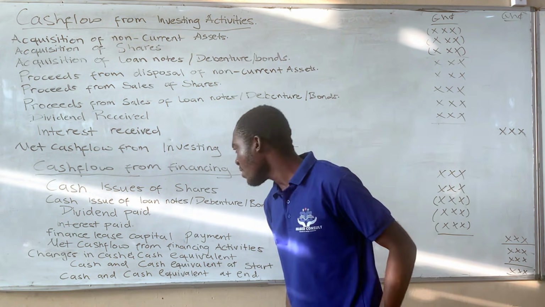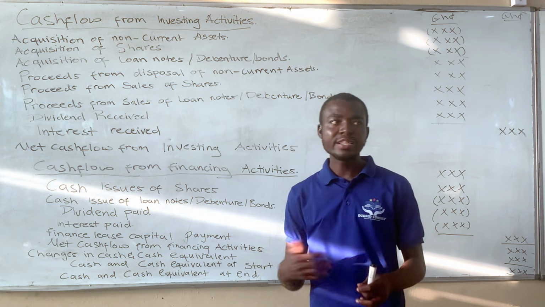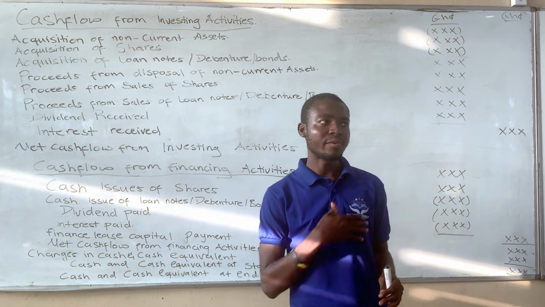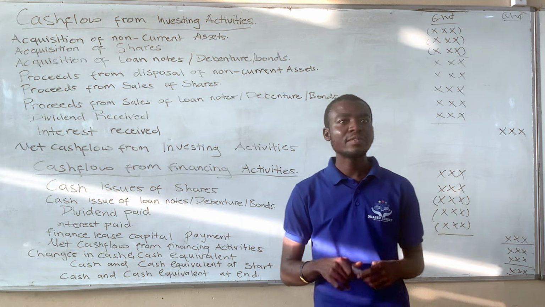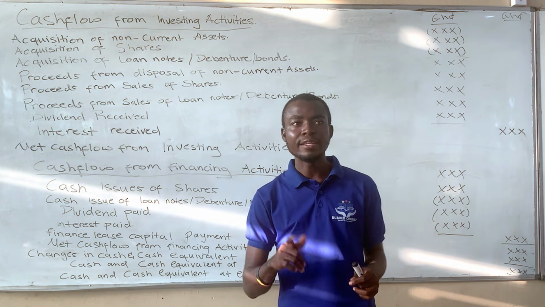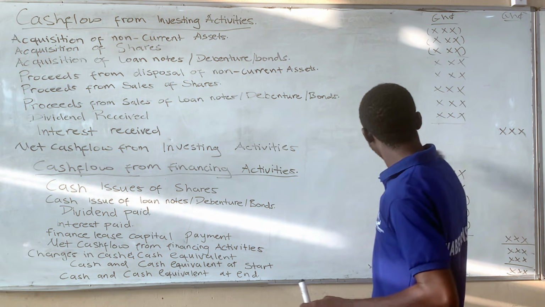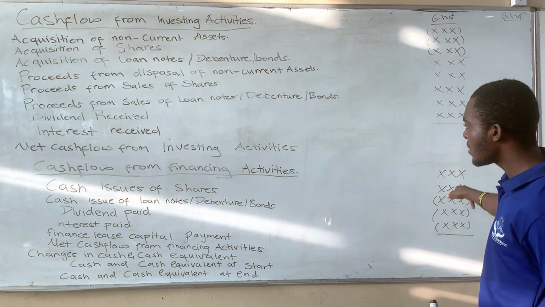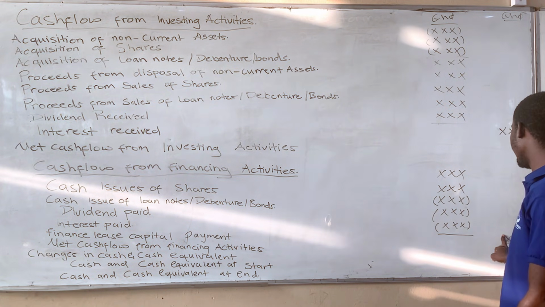And then finance lease capital payments. So when the organization leases something, at the end of the accounting year or for some period, you will be paying something to the lessor. After that, we will calculate the total to get the net cash flow from financing activities.